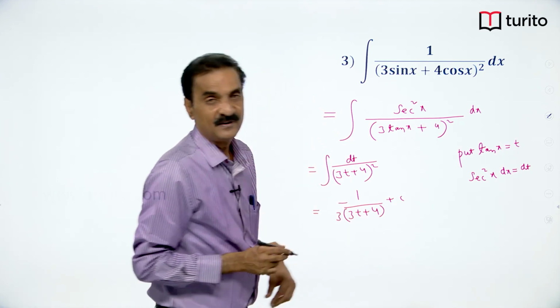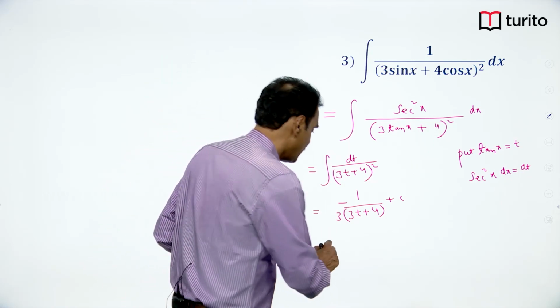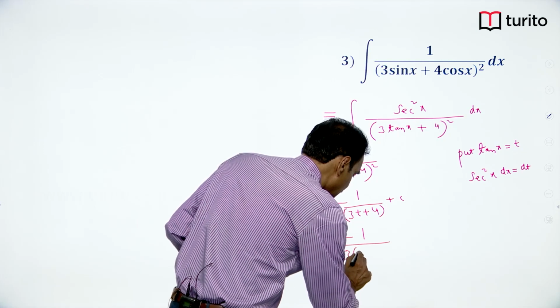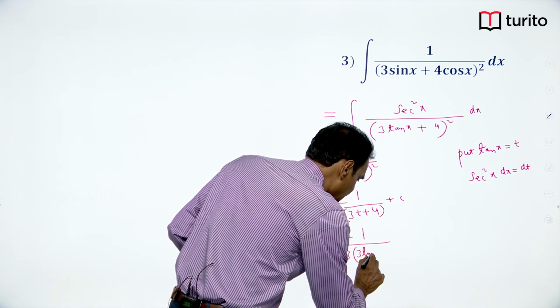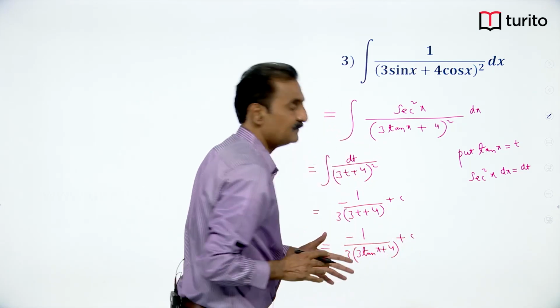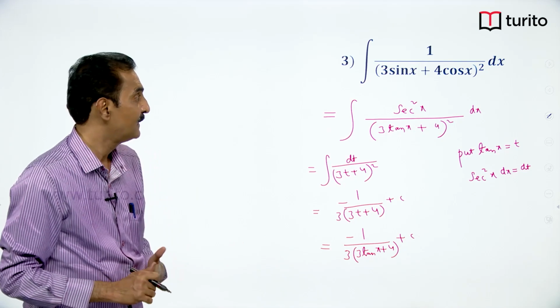So, in the denominator we get 3 extra. t is tan x, so it will be minus 1 by 3 into (3 tan x plus 4) plus c. So, this is our final answer.